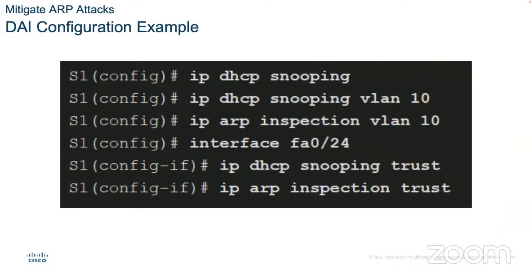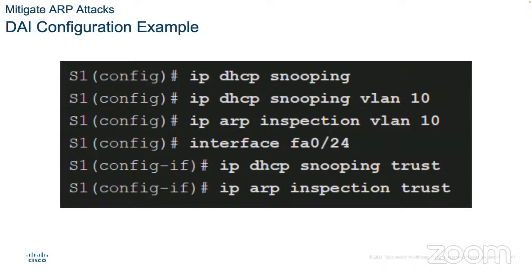In the previous topology, we had S1 connecting 2 users in VLAN 10. DAI would be configured to mitigate against ARP spoofing and ARP poisoning. DHCP snooping is enabled because DAI requires the snooping binding table in order to operate. DHCP snooping and ARP inspection are both enabled in VLAN 10.